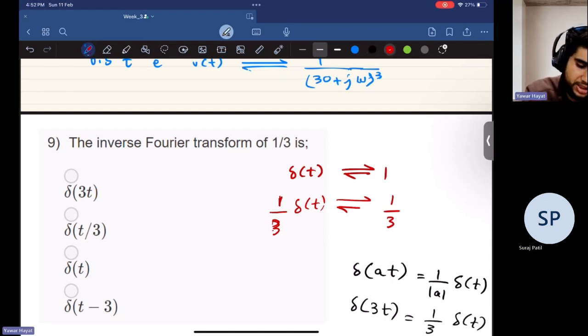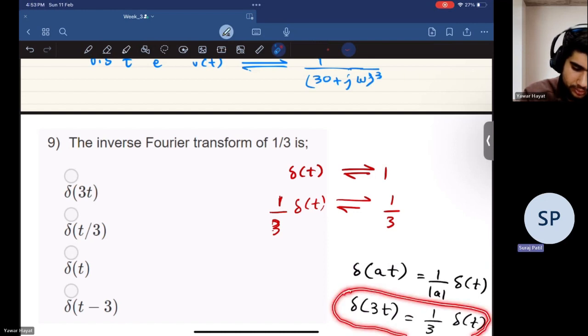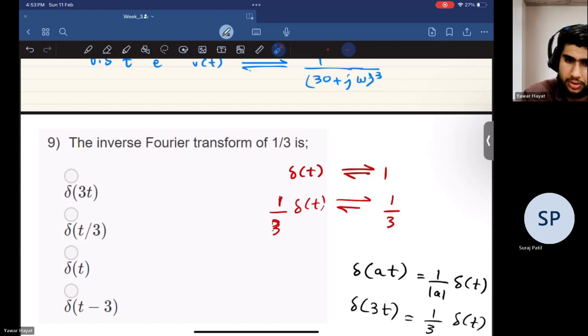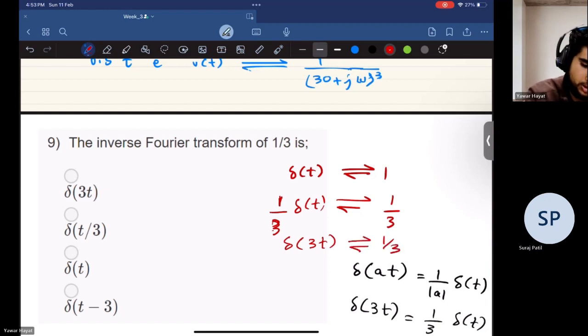So what should be the correct answer? Option first, and that is the correct answer. Make sure you understand why it is not this one, right?